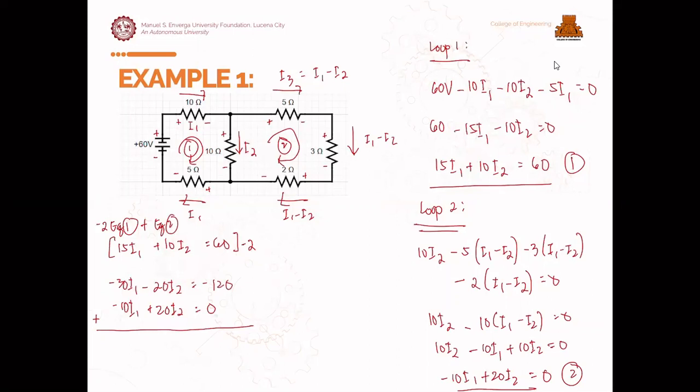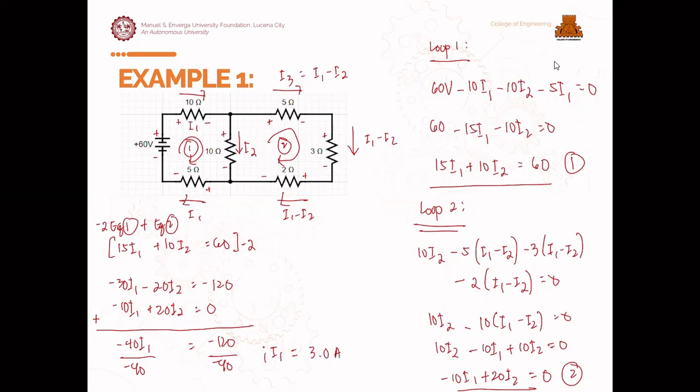This will be negative 40 I1. This will be 0. Is equals to negative 120. So, I1 natin is therefore equals to negative 120 over negative 40, is 3. Okay? So, 3 amperes. Sabihin yung I1 natin.